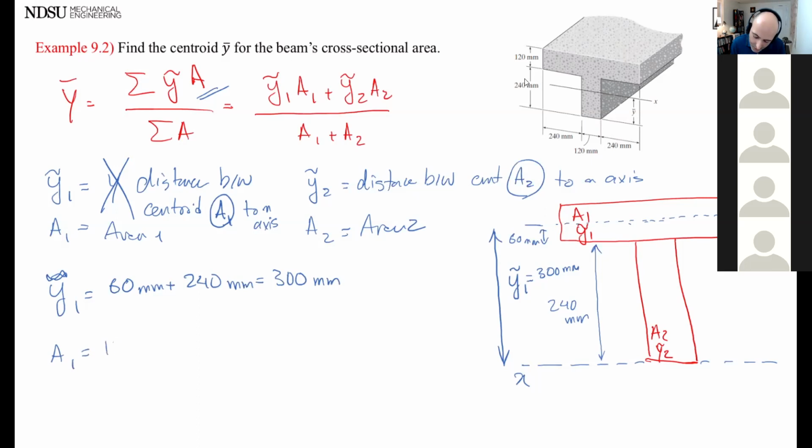Area 1, that's simple enough. It's 120 mm multiplied by, how much is that? 600. Because you have 480, 600? 120, that's 600. Yeah, 600. So this one is going to be 72,000.